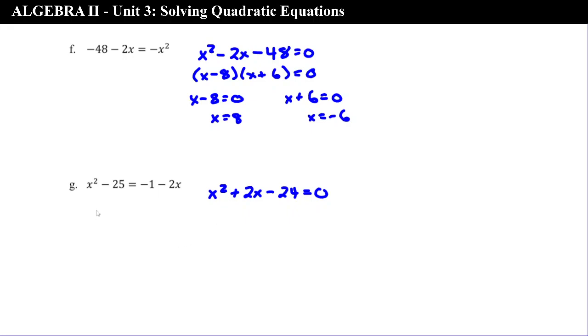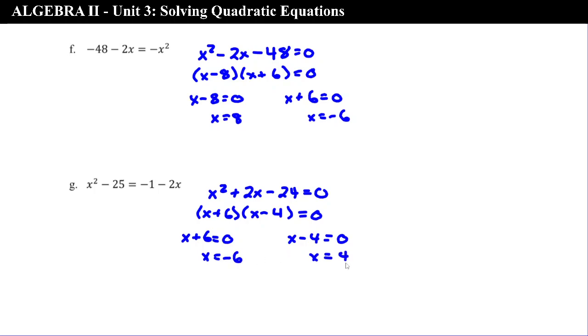And that is going to be 6 and negative 4. And again, we split it up. So x equals negative 6 or x equals 4.